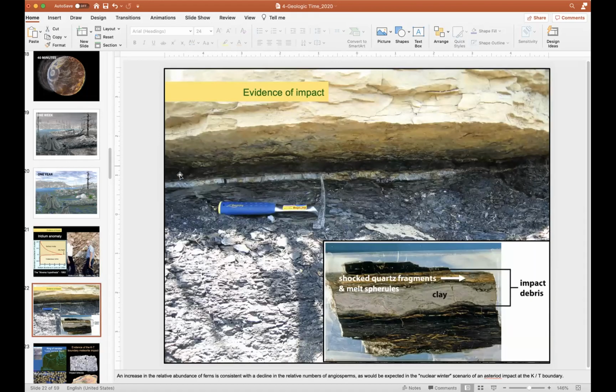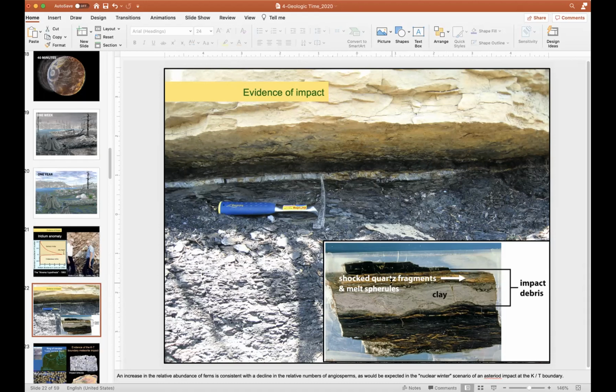Here is a close-up of that KT boundary, and you see this very fine clay layer that is at the time of the impact. Here's a magnified part of that, and this is impact debris. So there's clay that was laid down, very fine material, like ash-sized particles. And there is also evidence of melt fragments.